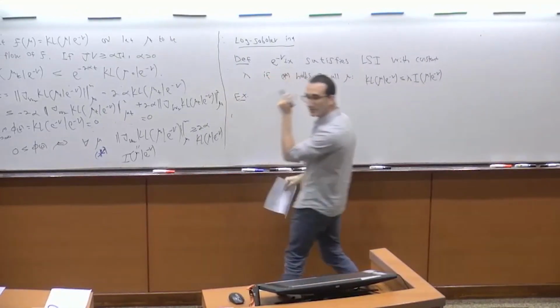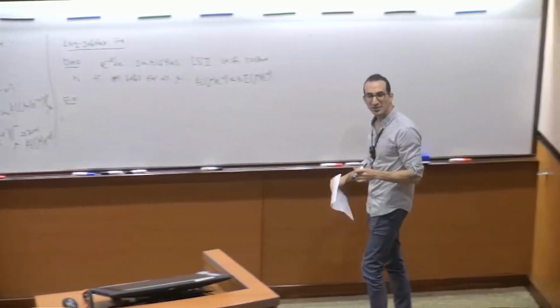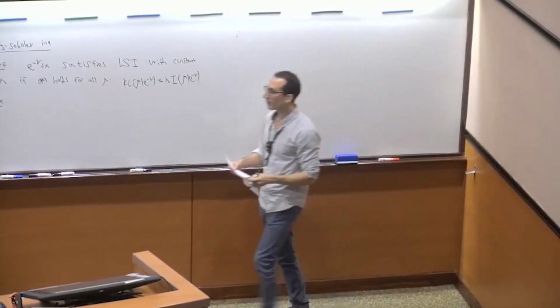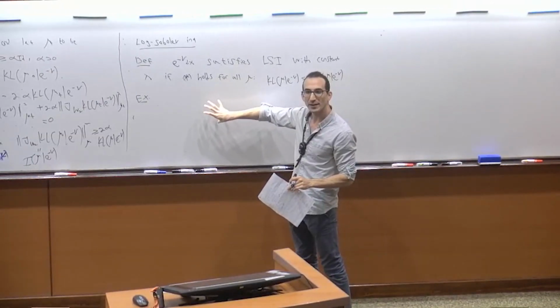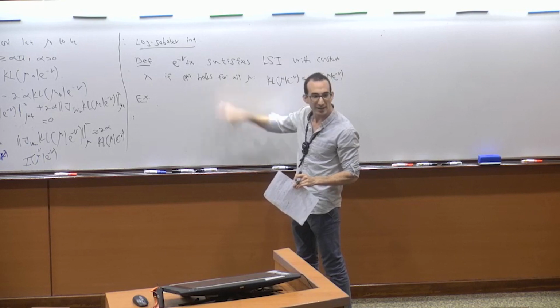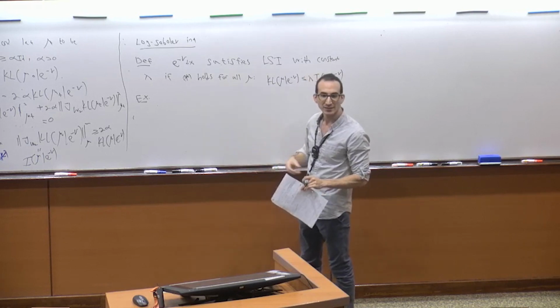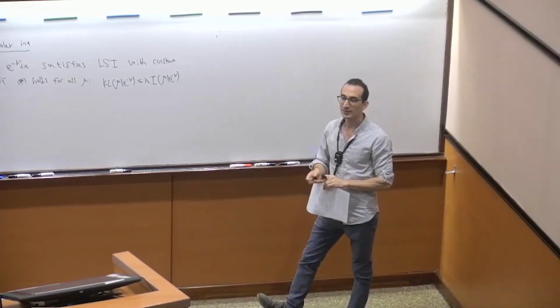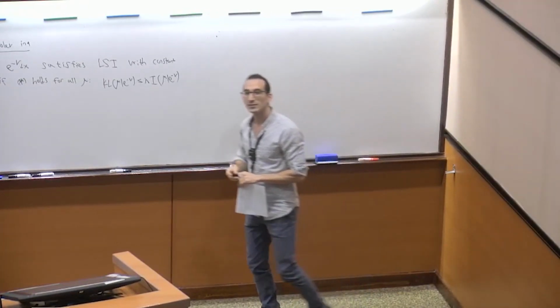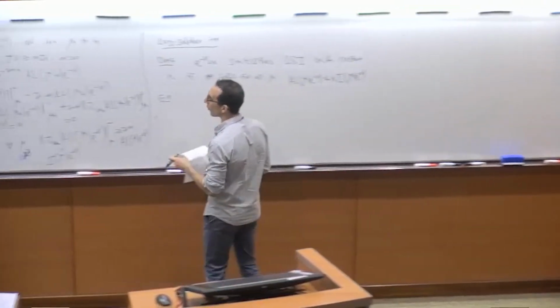Maybe just as a sanity check, so that we're all on the same page: what's an example of a measure that satisfies that? What assumption do we need to make on the measure in order to get it? I claim that we basically did that. If you paid attention, you know the answer. Exactly.